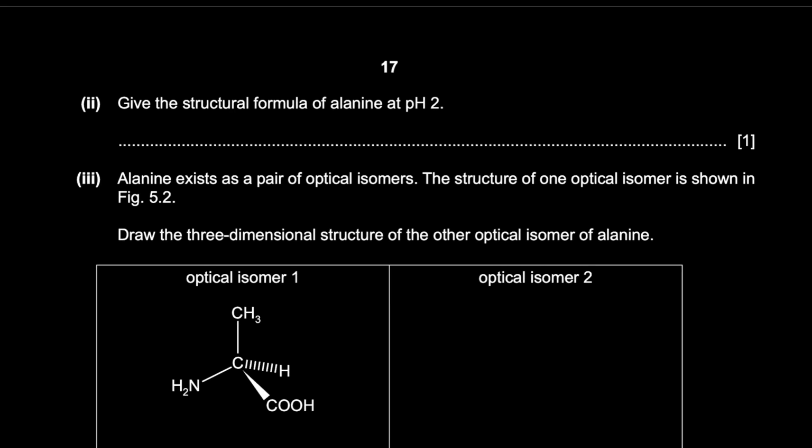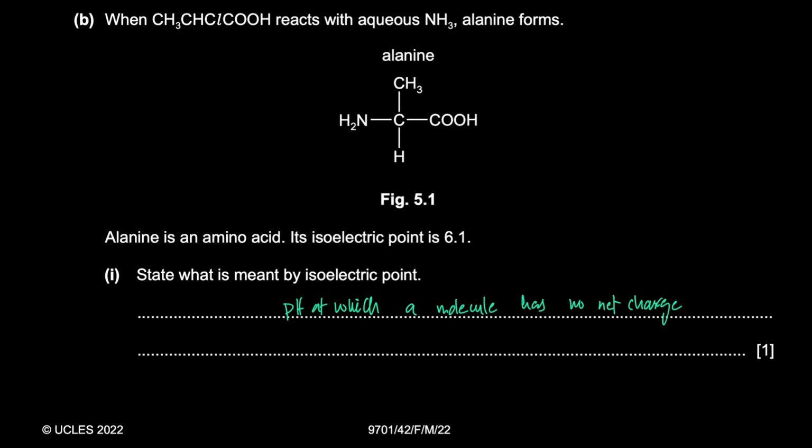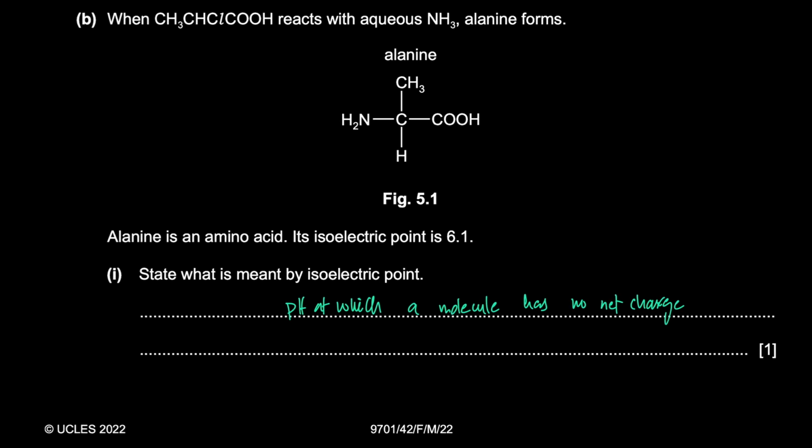Give the structural formula of alanine at pH 2. Now at pH 2, the pH is below the isoelectric point. So at 6.1, it's neutral. Below 6.1, there's more H plus ions. So the NH2 gains a proton. If the pH is below the isoelectric point, you have a positive ion, a cation.